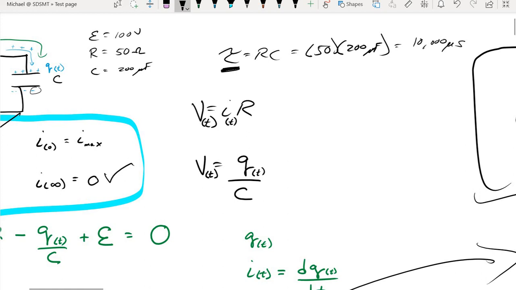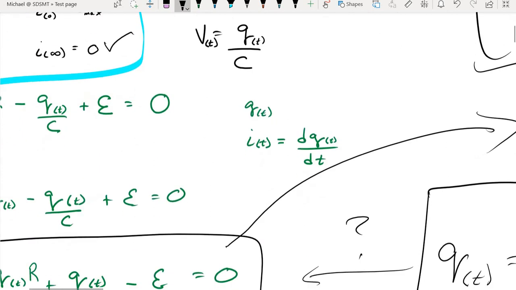And if we want to convert that, let's see, that would be 0.01 seconds, 10,000 microseconds. Let me double check here. Yep, 0.01 seconds.